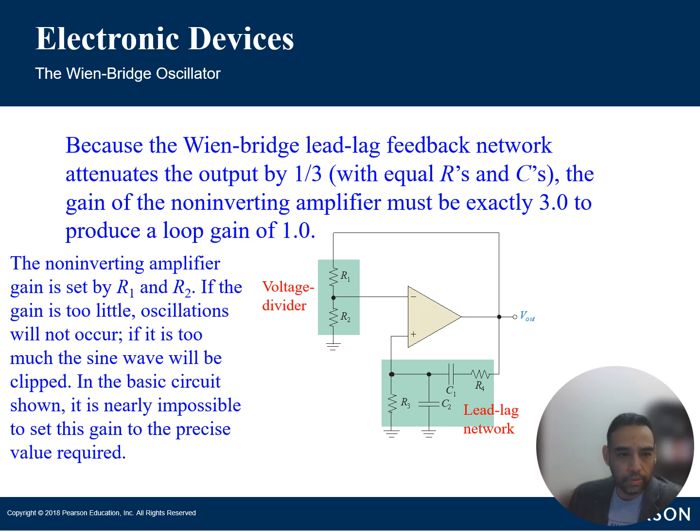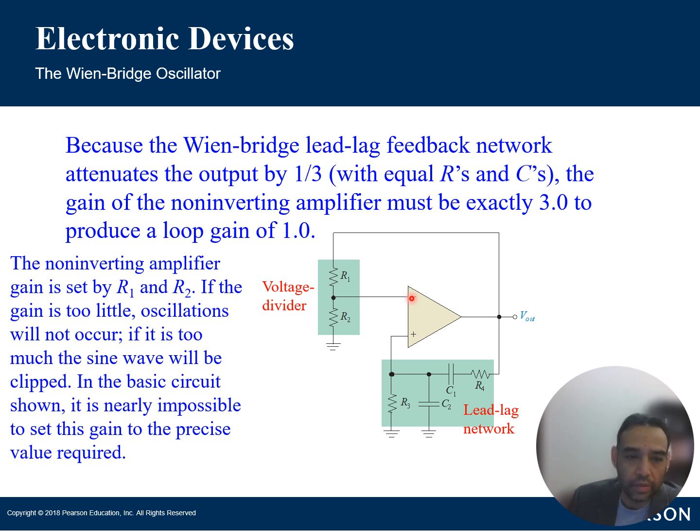All right, so a little bit more about the Wein bridge lead lag feedback. It says the non-inverting amplifier gain is set by R1 and R2, which are there at the inverting input of the amplifier. If the gain is too little, oscillations won't occur. If it's too much, the sine wave will be clipped, so we're going to clip some of the oscillation. In the basic circuit shown, it is nearly impossible to set the gain precisely to the value required.